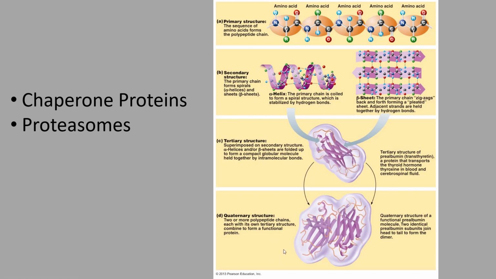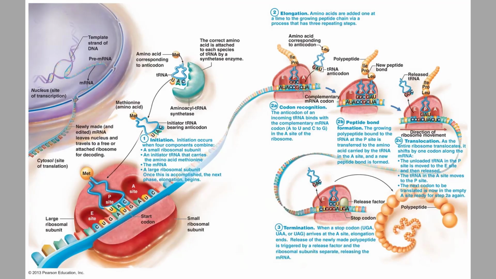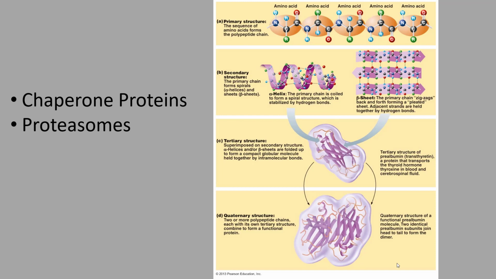But there's a lot going on there. If we look at that previous picture, there's a whole bunch of amino acids just growing and growing and growing. And this protein is going to fold up in a very specific shape, but a lot can go wrong there.